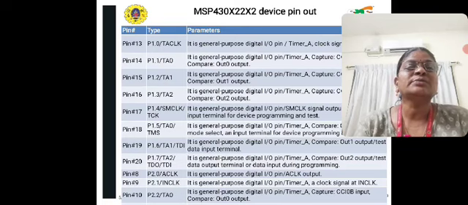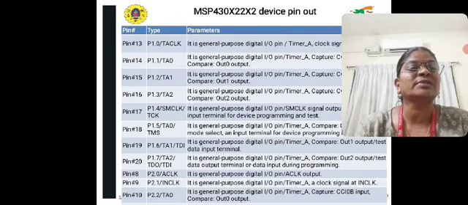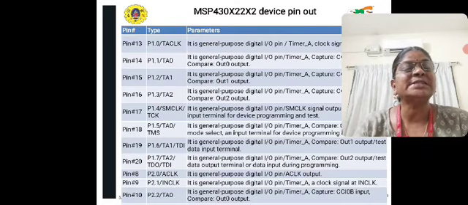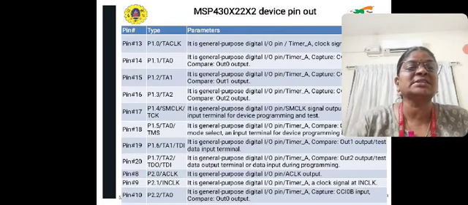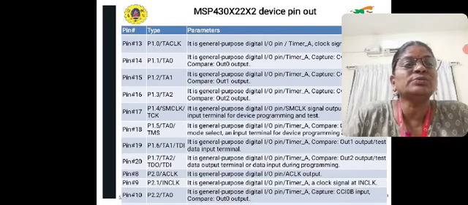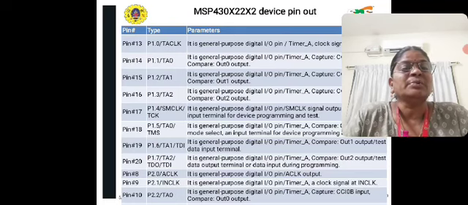So the main pins here are pin 13, pin 14, pin 15, pin 16, which are used for comparing programs and also for device programming and testing the output, right? The input terminal for device programming and testing. And here it is also used as a data output terminal or data input during the execution of the program, right?